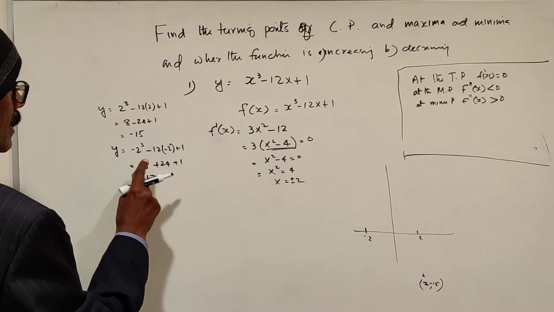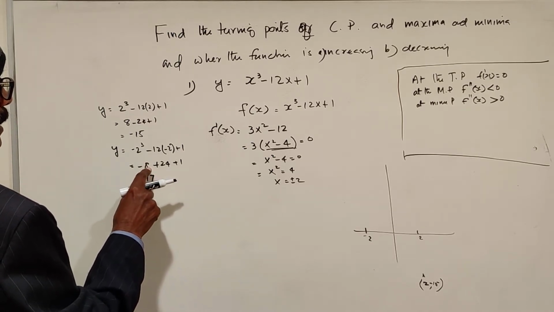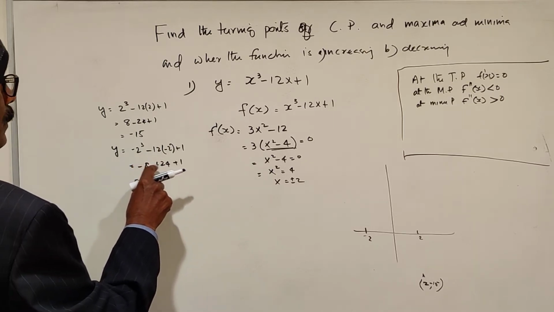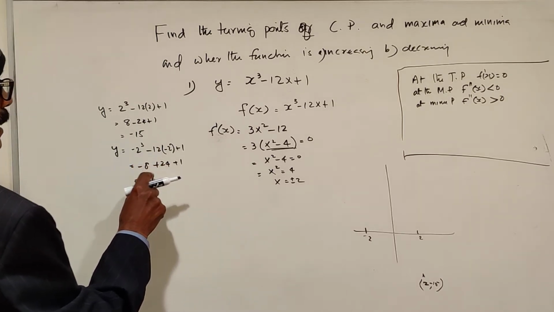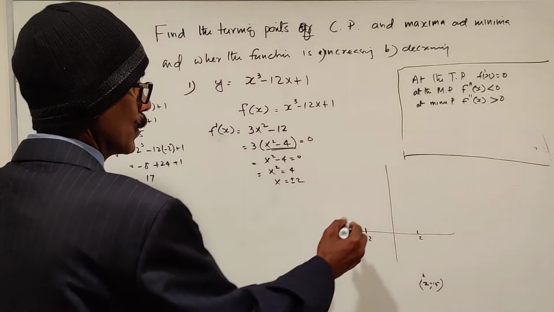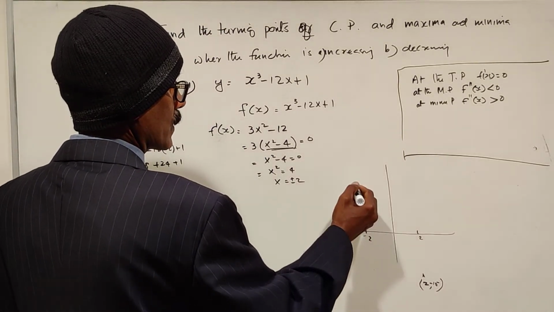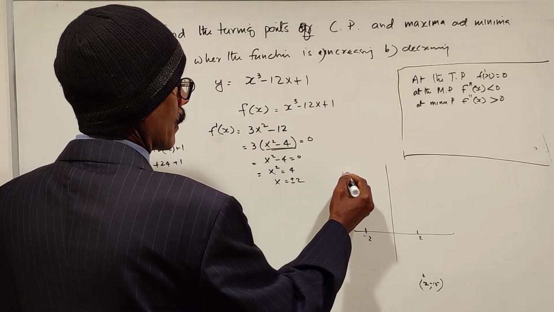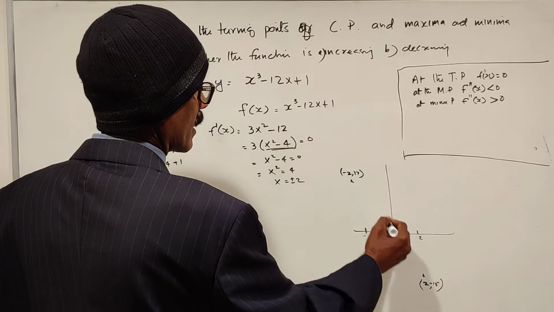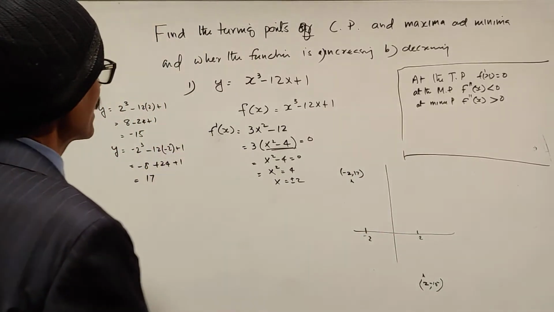So the point is (minus 2, 17), somewhere here.